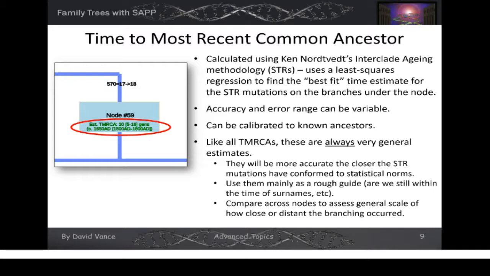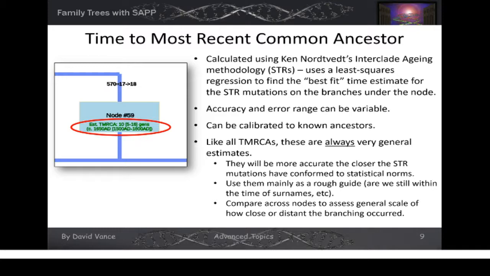In this case, the points are the mutations that have happened underneath that point in the tree, and it's essentially looking for a best fit for the age at which all of those could most easily be explained. Obviously, in some cases, the different branches under a common ancestor will have wildly different STR mutations that can drive a larger error range for the estimate.